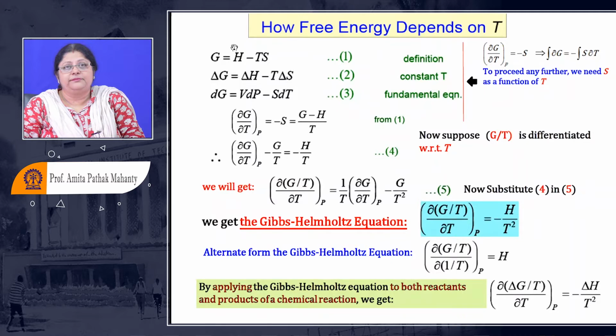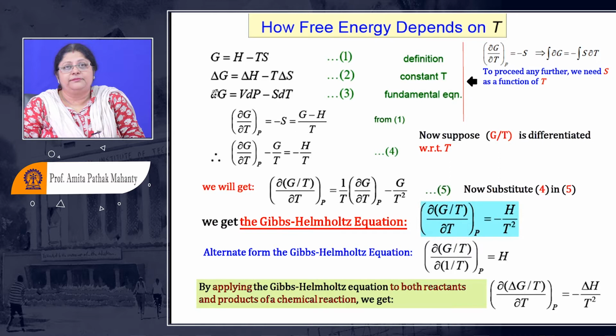Gibbs energy by definition is H minus TS, and had it been Helmholtz, it would have been U minus TS. If I differentiate that at constant temperature, I get delta G equal to delta H minus T delta S, a standard expression which you are very much familiar with.